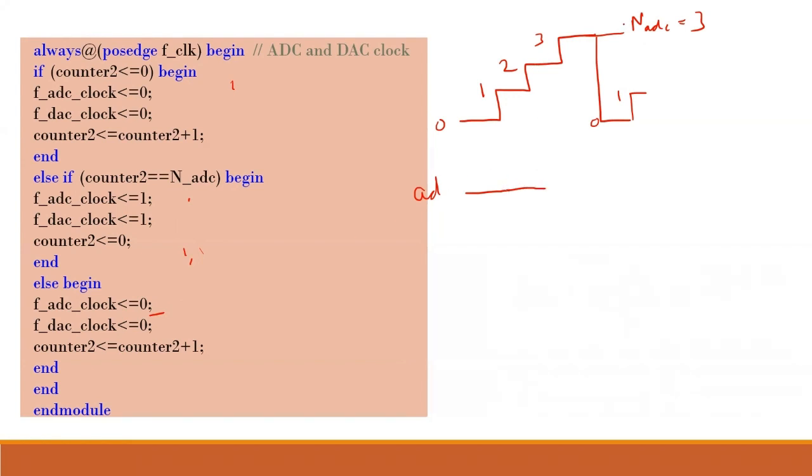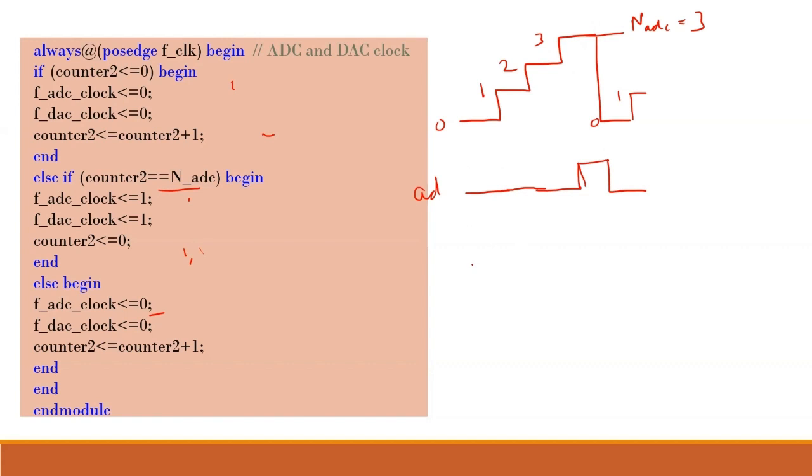Again, it checks if counter is less than NADC, then it will still keep it 0. Then it will come to the condition where counter 2 is equal to NADC, and it will go high for that value. Then when it again goes back to 0, it will go low.